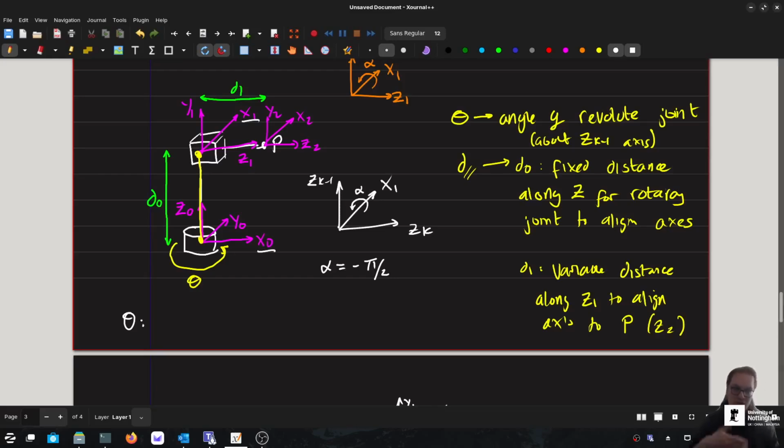If we do the right-hand rule, there's going to be a rotation about the z-axis of theta, and there's already a pi over 2 term there, because x1 and x0 are automatically 90 degrees out. But then there could be a rotation being done by the revolute joint, so there's going to be a plus theta 0 over here as well. Just bear that in mind. If there's already a fixed change in the angle, you've got to account for that. Didn't mention that in the lecture, but there you go.